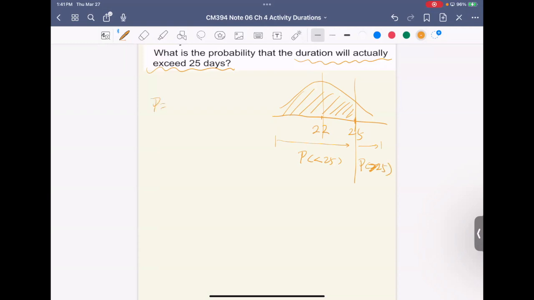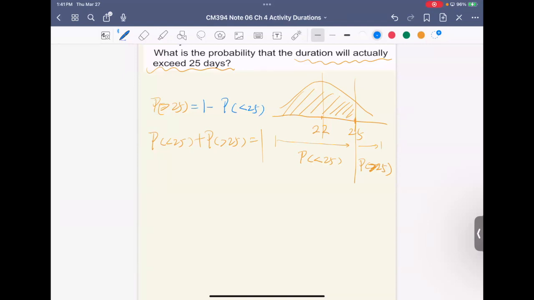We know P less than 25 plus P more than 25 is equal to 1, right? So that means we can get this one from 1 minus P less than 25. Is that correct?